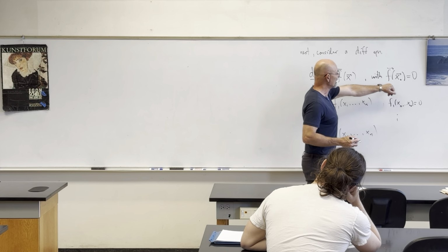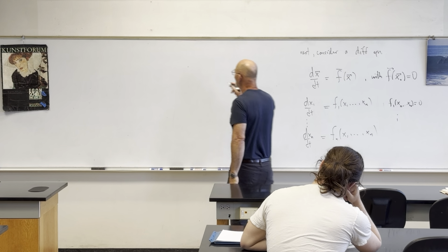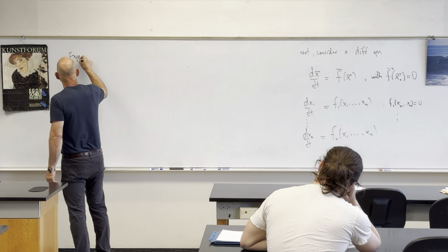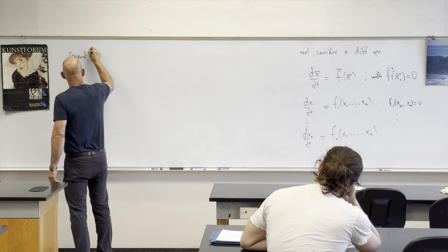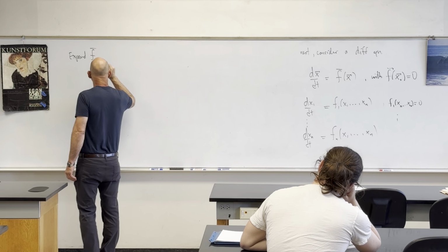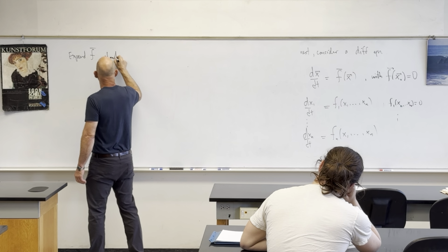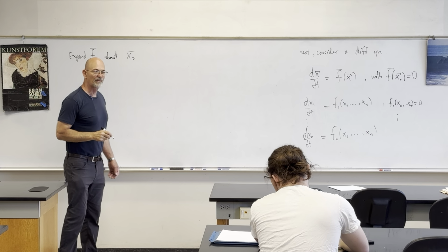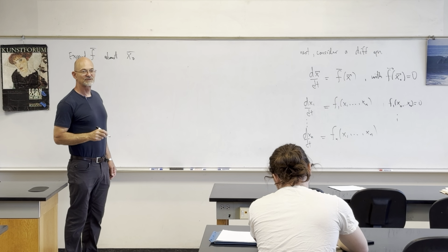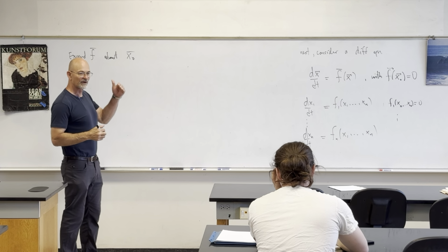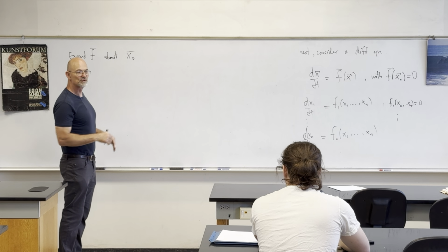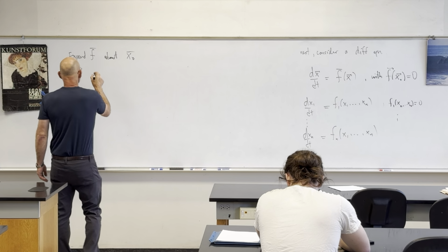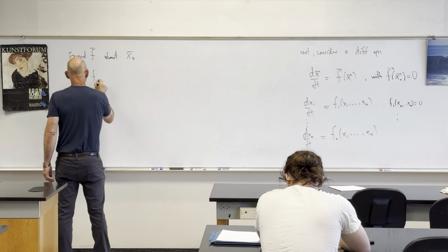Since it says f of x0 equals 0, so expand f about x0. So have we done Taylor expansions of a vector function? Well, it just means we do a Taylor expansion of every individual function there. So that's no problem.